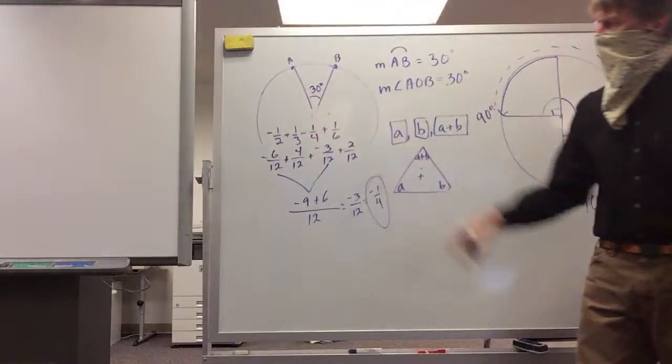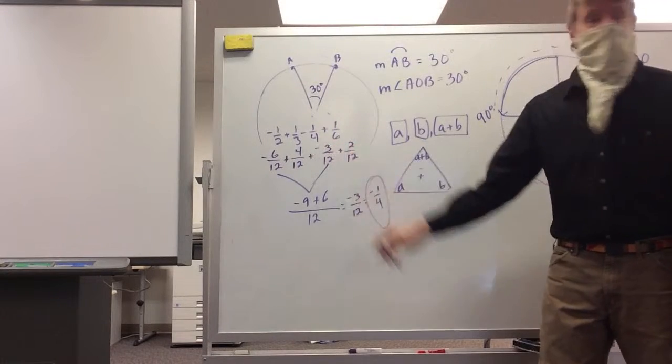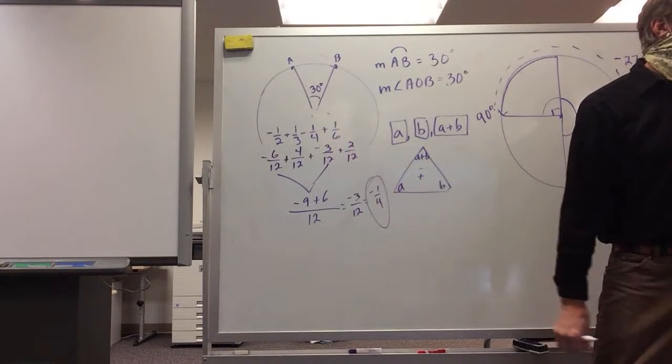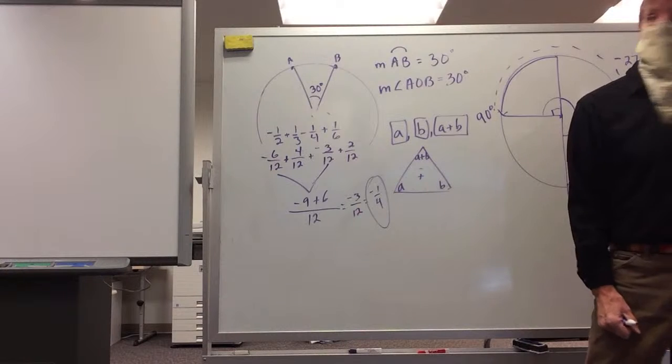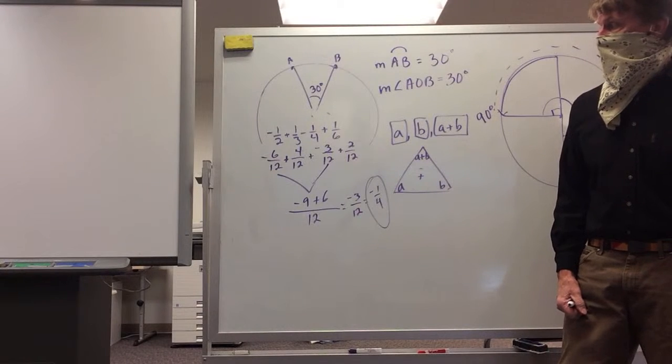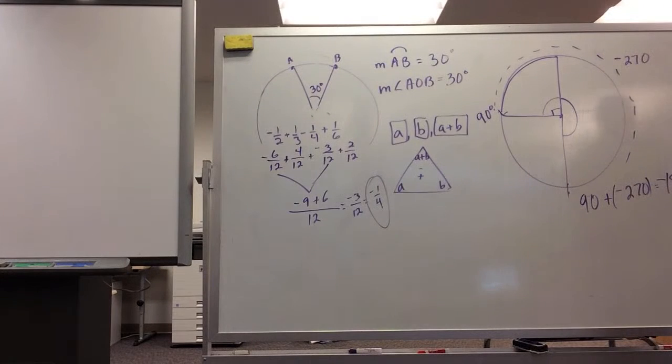And subtracting 1/4 is the same as adding a negative 3 12ths. There's only one negative.